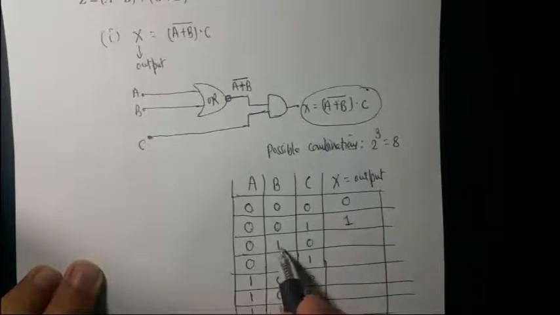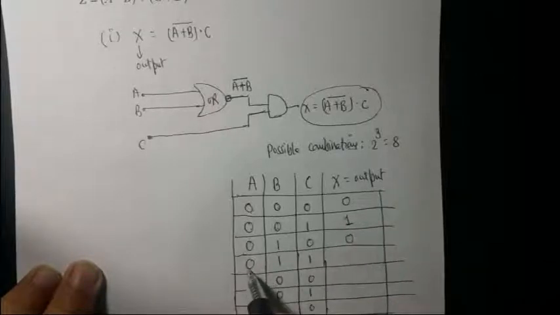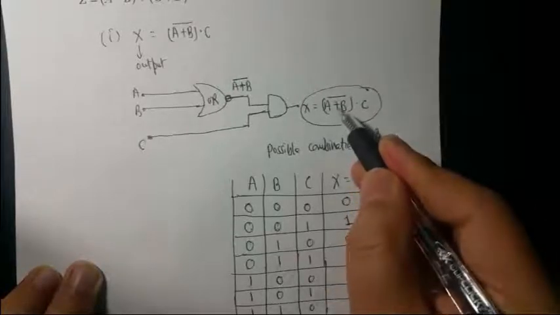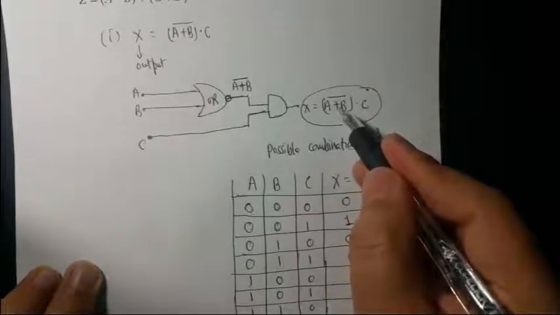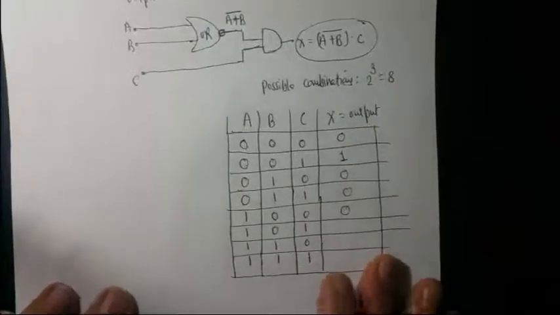For 0 1 0, the combination gives 1, inverse is 0, 0 times 0 is 0. For 0 1 1, 0 plus 1 is 1, complement 0, 0 times 1 is 0. For 1 0 0, the combination complement is 0, 0 times 0 is 0.